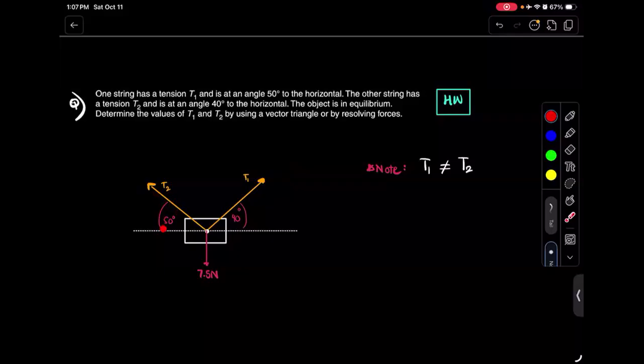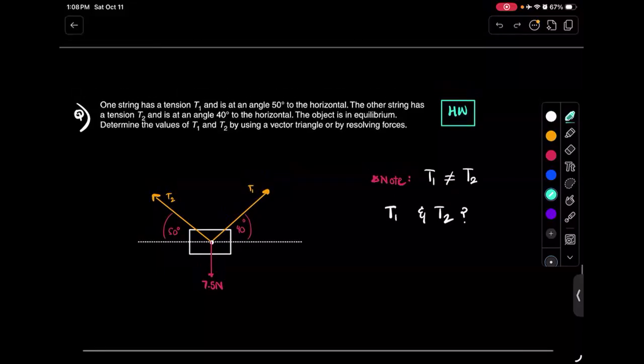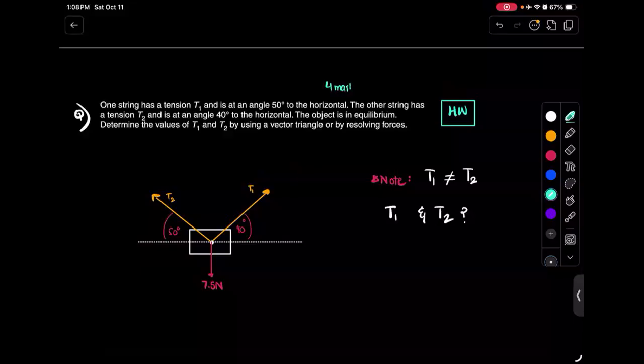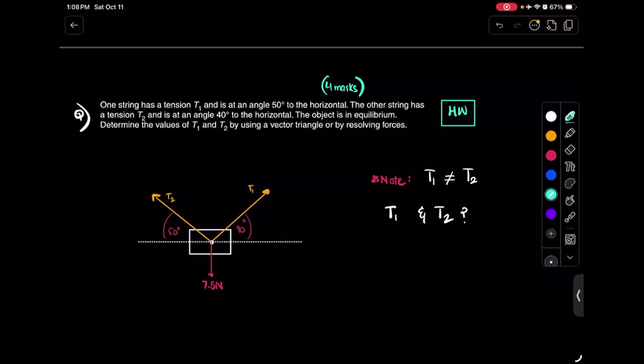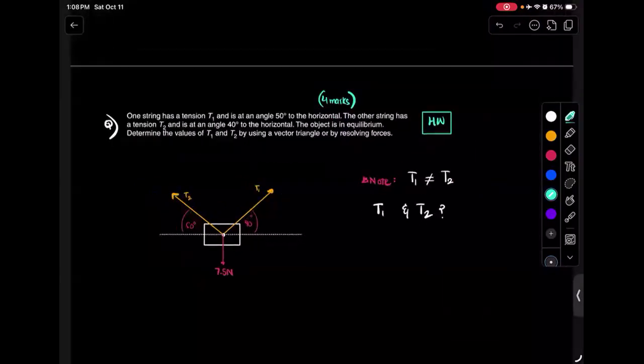You've also been given the angle at which they've been suspended, and you've been given the weight. You have to find out T1 and T2. That is the question. And the very important note is that T1 is not equal to T2 in this example. This is a past paper question worth 4 marks. It came earlier. I'll send it in the group as well.